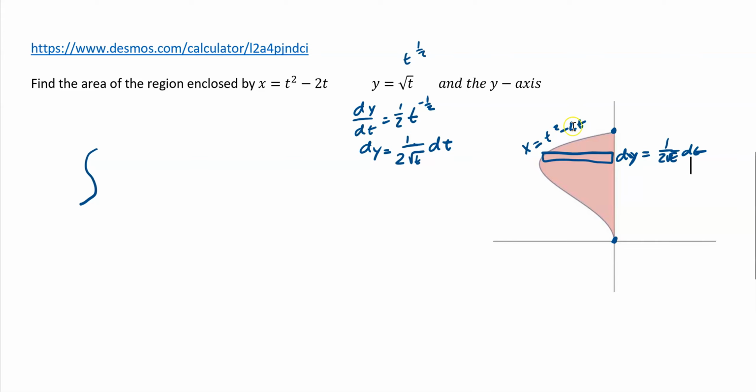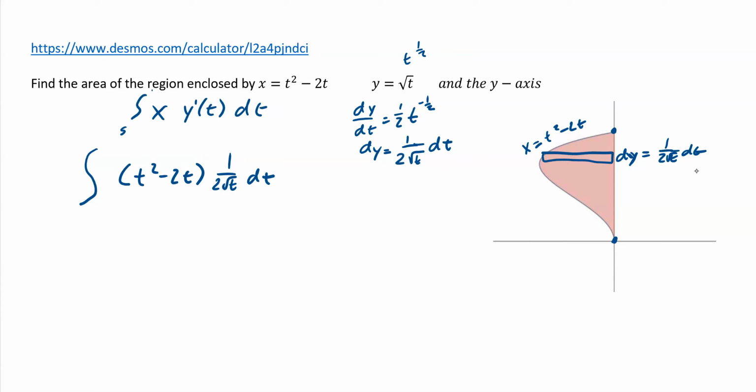So our area would be this one times this one, length times width. So it's t squared minus 2t, and then 1/2 root t dt. So basically what we're doing is x and then y prime of t dt from start to finish, because we're doing our rectangle horizontal.